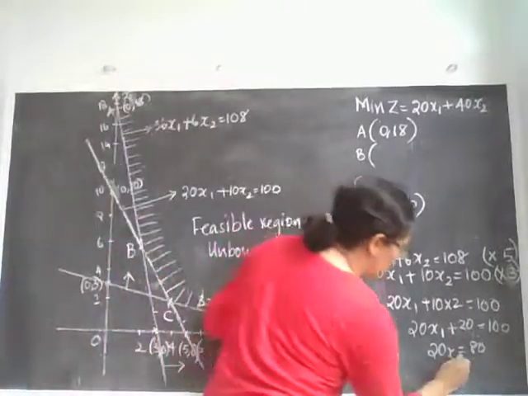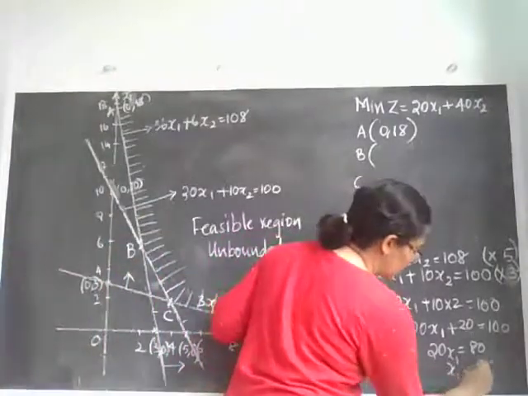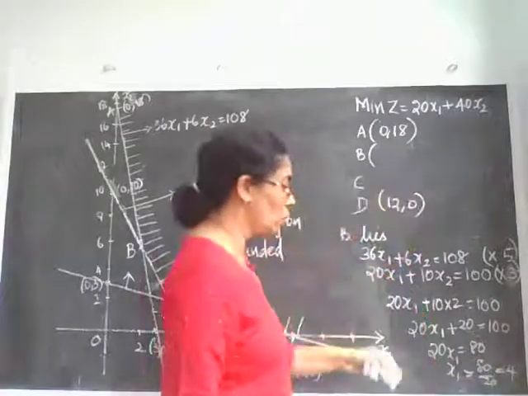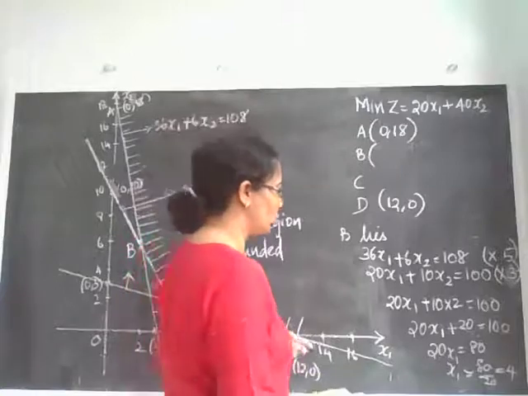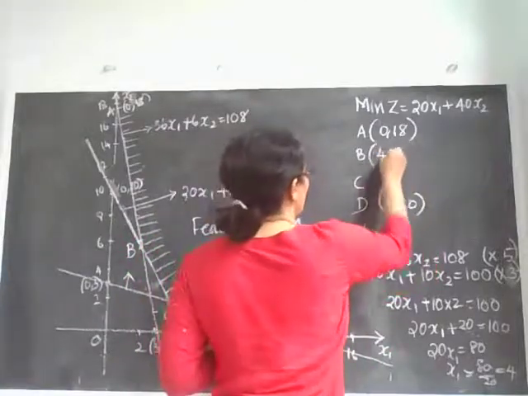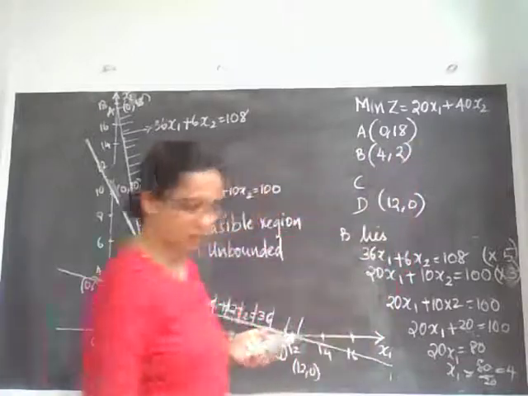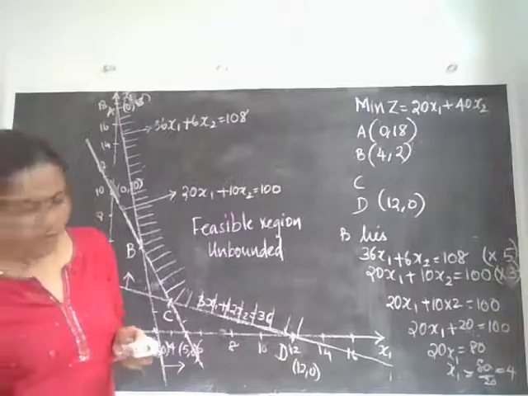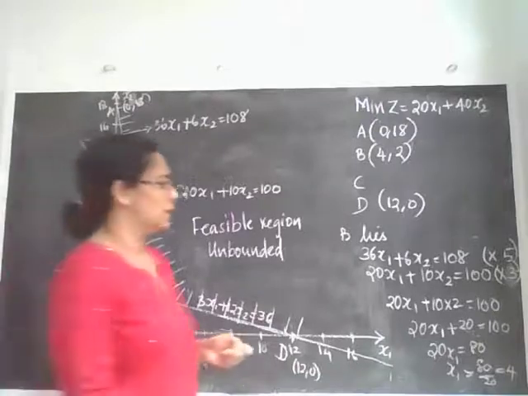Now x1 is equal to 80 divided by 20, which is equal to 4. So you get 2 and 4. x2 is 2, x1 is 4. You get 4 and 2. Okay. Right.